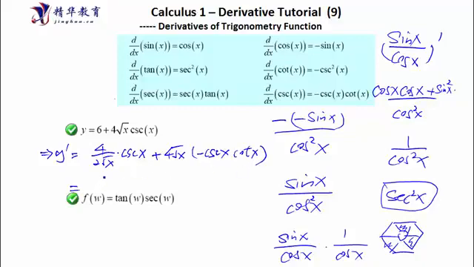This equals 2 over the square root of x times cosecant x, minus 4 square root of x cosecant x cotangent x. Finished. Make sense?